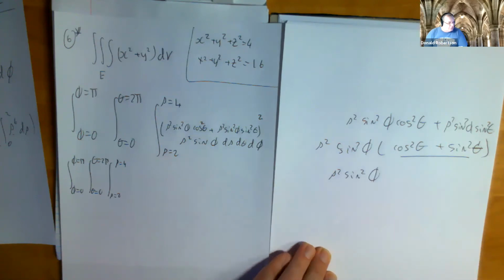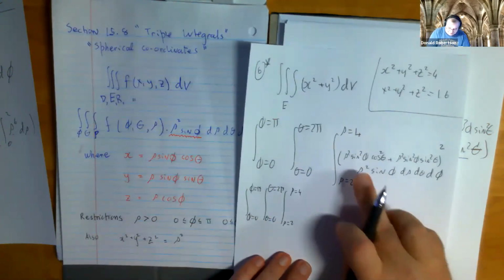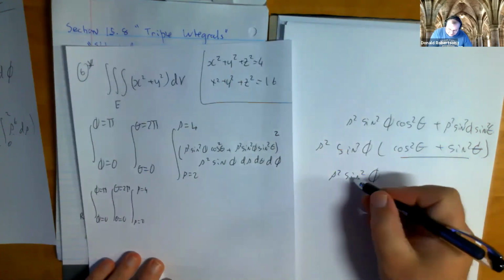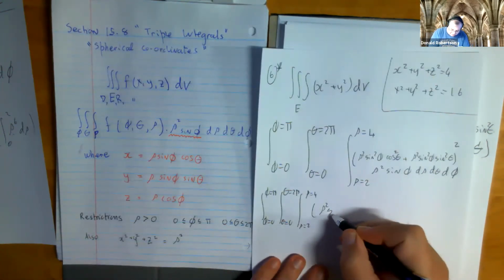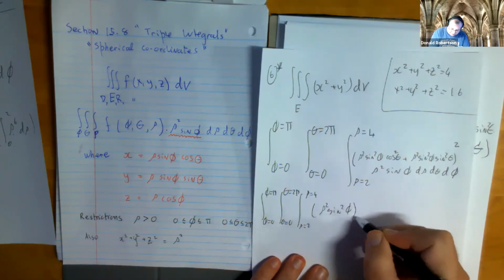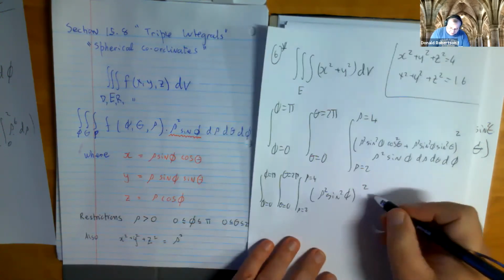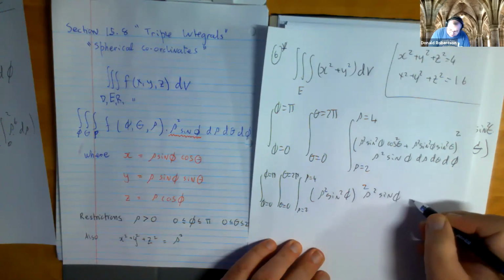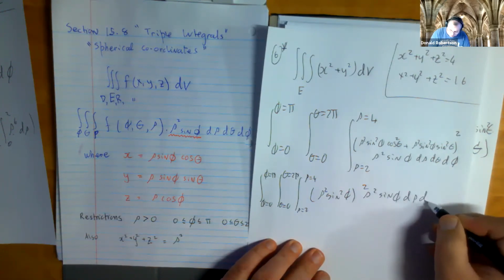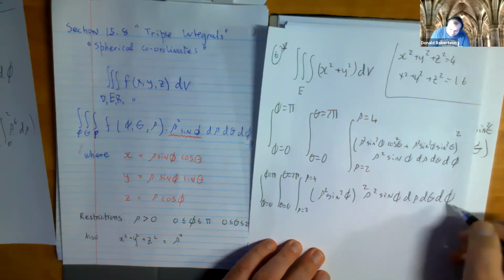There. Does it make more sense now? So this mess here is that guy. So it's rho squared, sine squared phi, all squared, followed by a rho squared, a sine phi, then it's d rho, d theta, d phi.